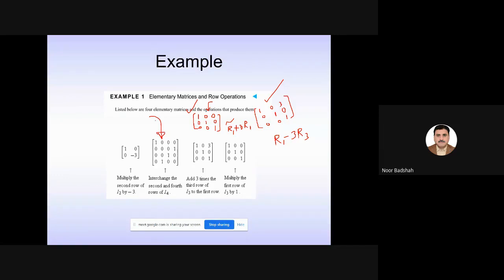If you apply one operation on it, and that gives you the identity matrix, then it is an elementary matrix. Or you can check it the other way around. You take the identity matrix, apply some operation on it, and if you get this matrix, you would say it is an elementary matrix.